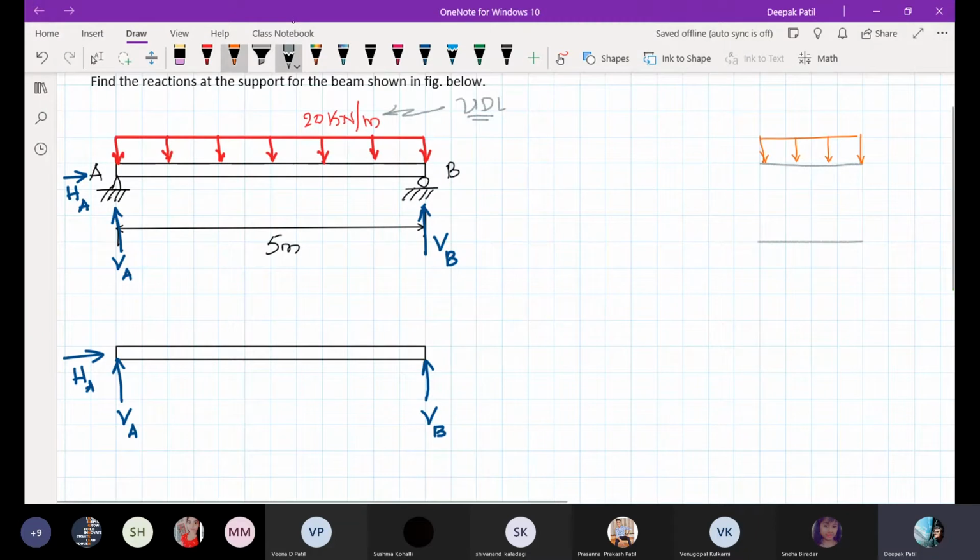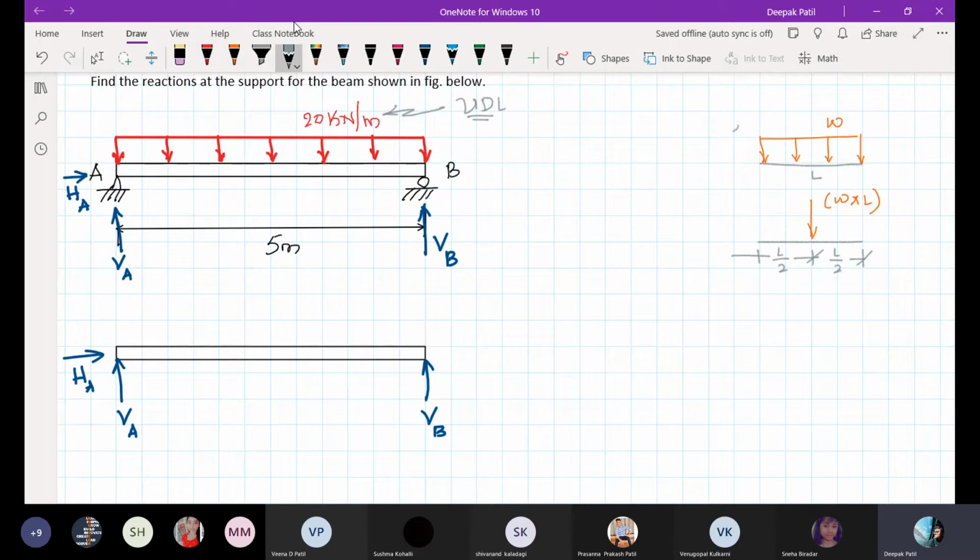The equivalent point load will act exactly at the center. If this is W and this span is L, then the equivalent point load will have the magnitude of W multiplied by L. It will be acting exactly at the center, that is L by 2 from here and L by 2 from here.